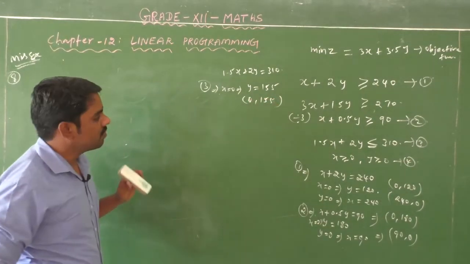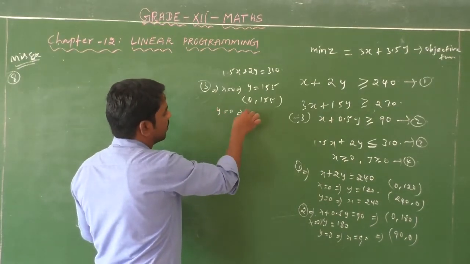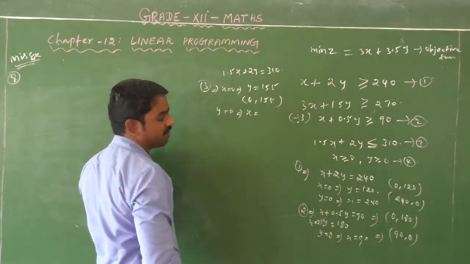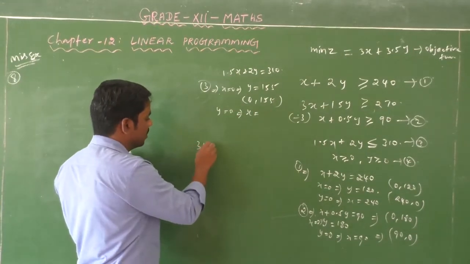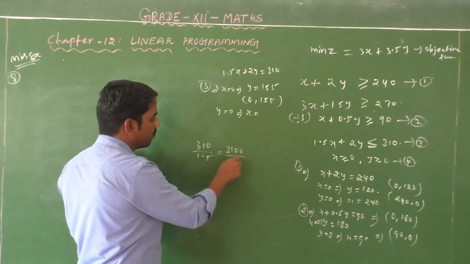If y equals 0, then x equals 310 divided by 1.5, which is 3100 by 15.